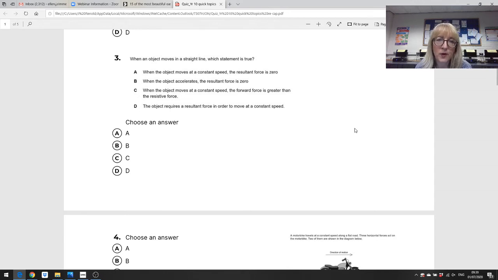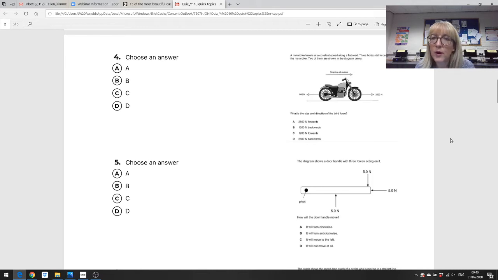C, when an object moves at a constant speed, the forward force is greater than the resistive force. That's not true either, is it? Because if the forward force is greater, then there's going to be a resultant force forwards and it wouldn't be going at a constant speed. An object requires a resultant force in order to move at a constant speed. No, there can be no forces on an object and it will move at a constant speed. So the answer for 3 is A.